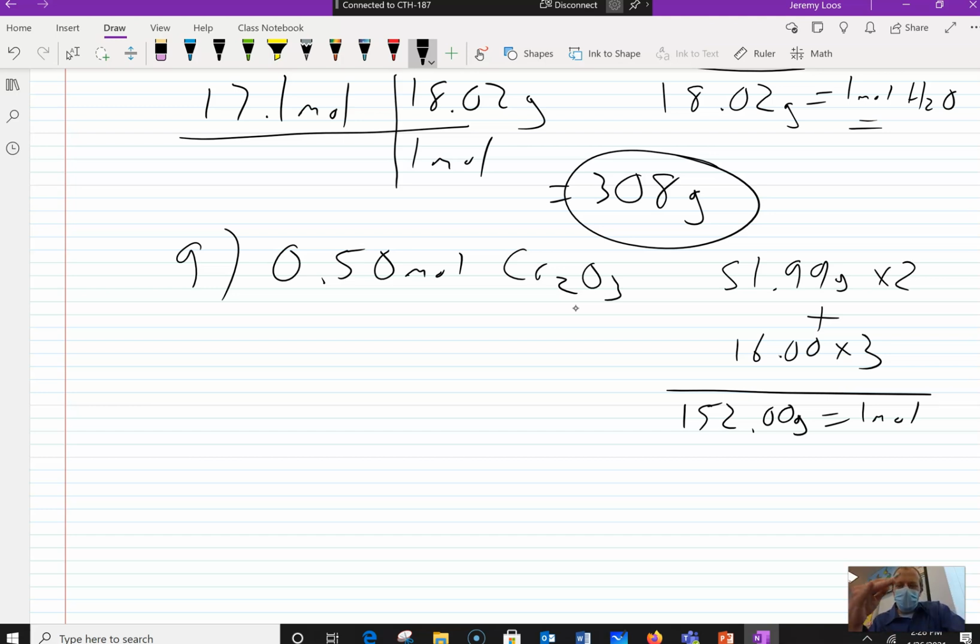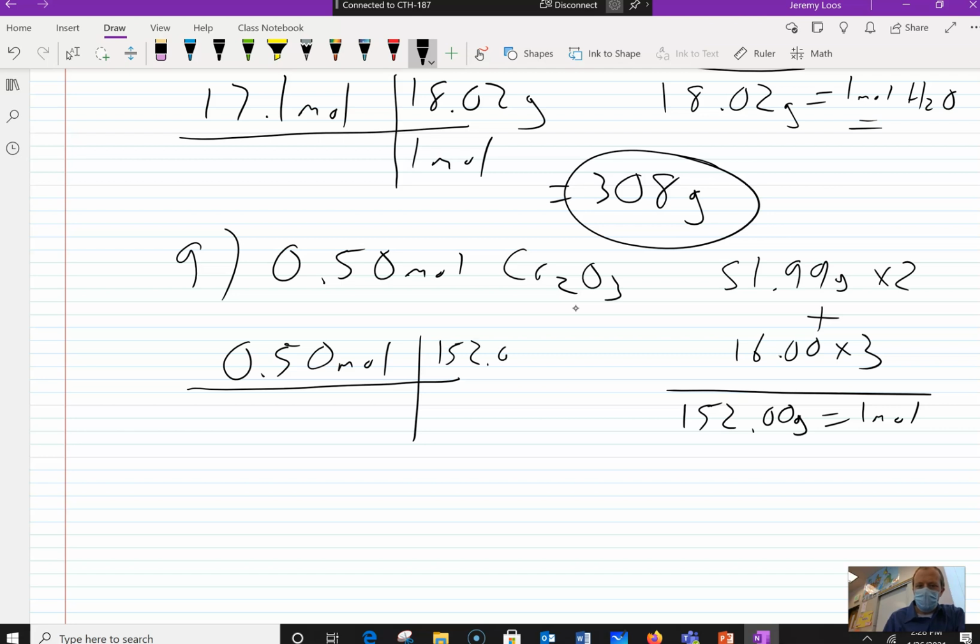So for every element or compound, we can make that little conversion factor. And so we always start with what the problem gives us, which is moles in this case, but follow what goes up must come down. So for my little conversion factor here, I put moles in the bottom.